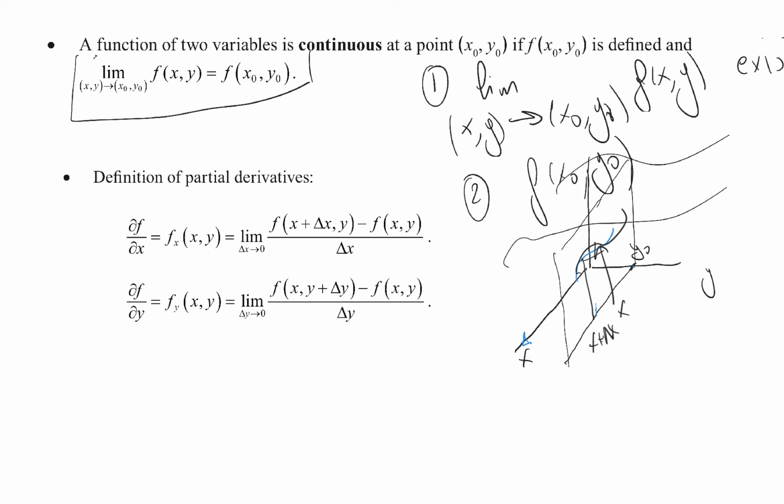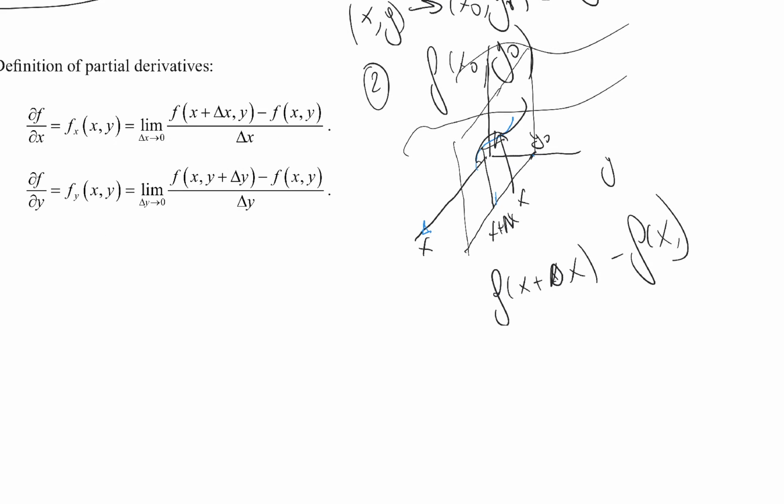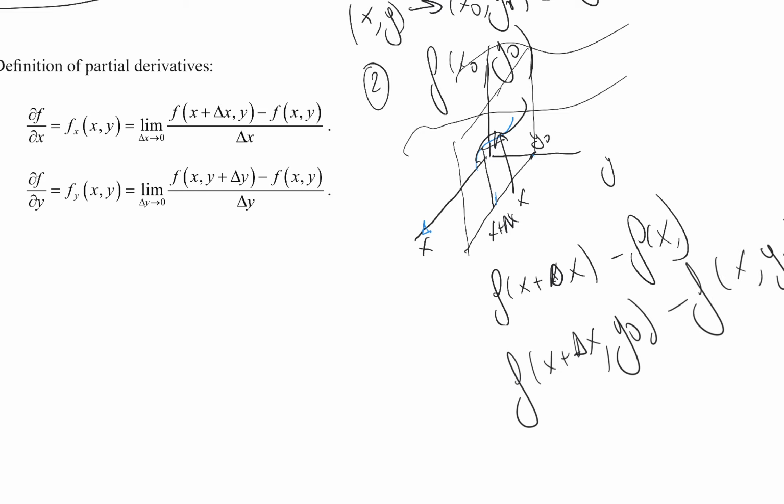You subtract f of x from f of x plus delta x. But now the function is of two variables, so what you are subtracting is f of x plus delta x, y0 minus f of x, y0, divided by delta x. This is the slope at y0 when y0 is maintained constant.